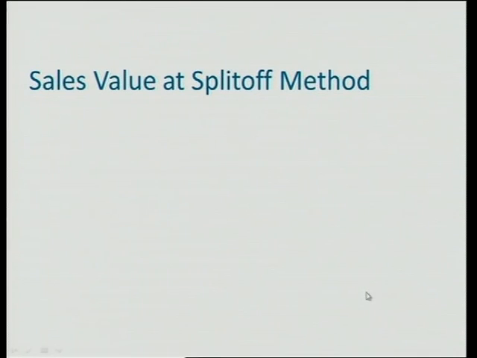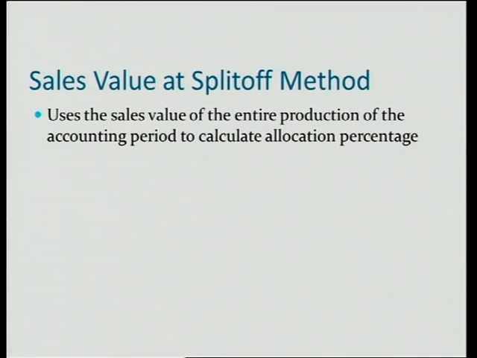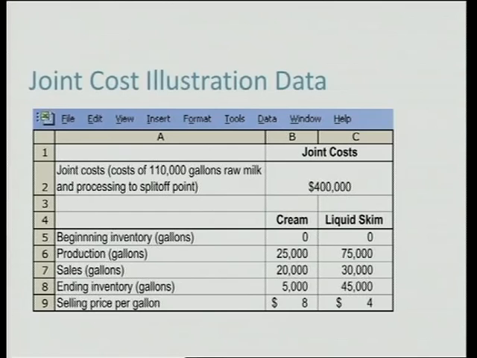Sales value at split-off method. So now going through the methods one by one, it uses the sales value of the entire production of the accounting period to calculate the allocation percentage. Ignores inventories, okay, so we don't have beginning or ending inventory. Now we've got joint costs of 400,000, that's our example. Beginning inventory, nothing, production, sales, ending inventory, and then selling price per gallon.